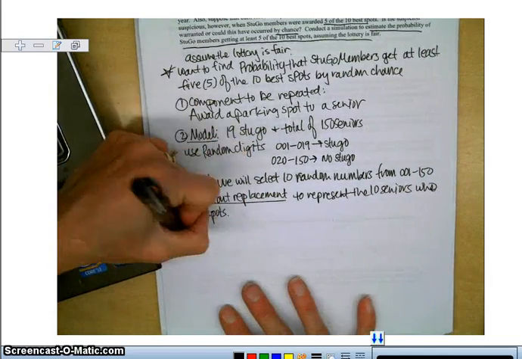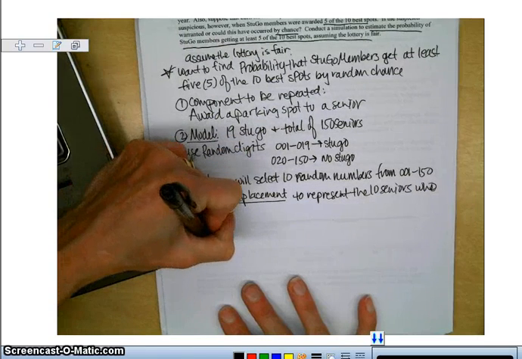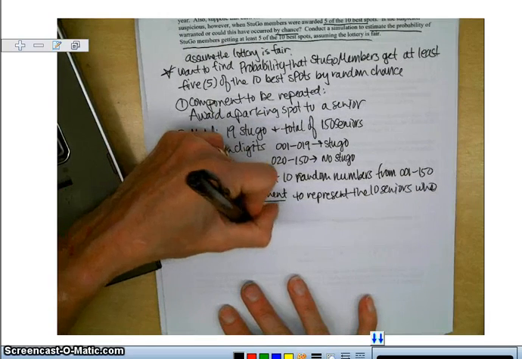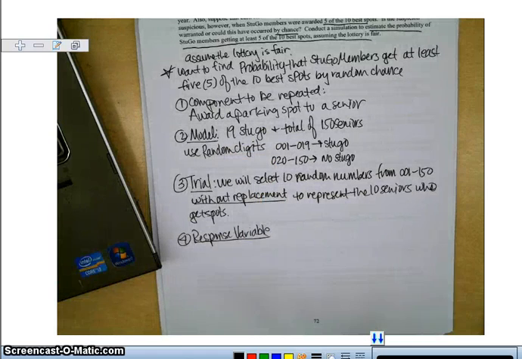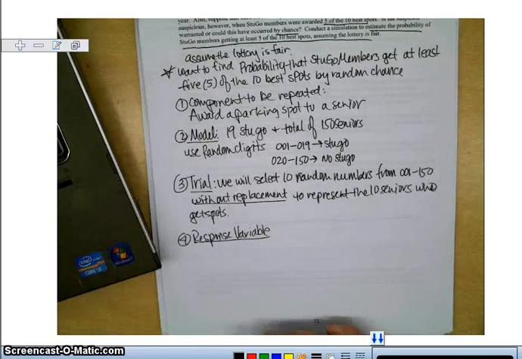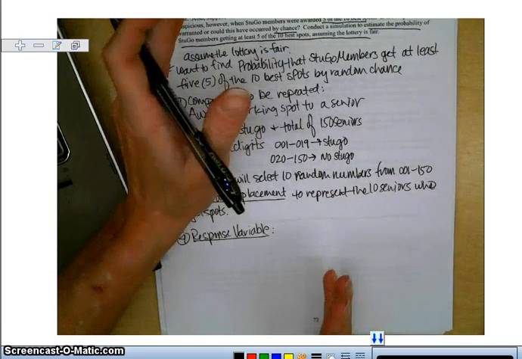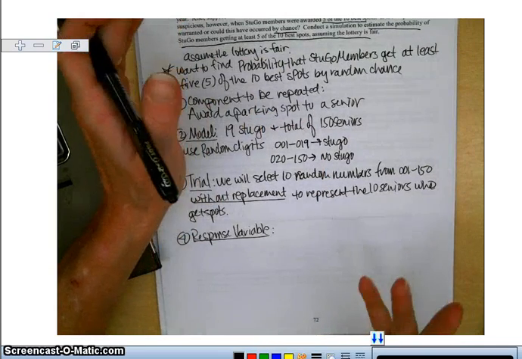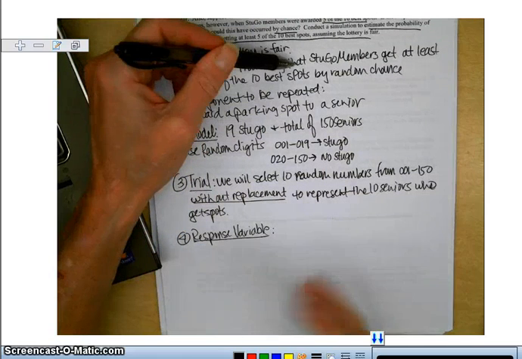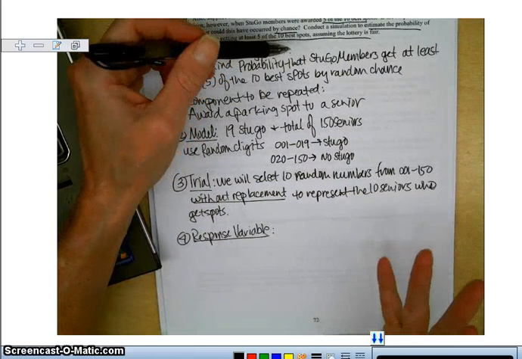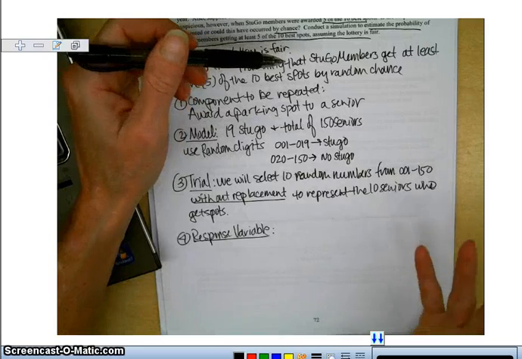All right, so for response variable, this is really the key. This is very important that we can name what information we are trying to get from doing all this. So the response variable, what we really care about, remember we were trying to see if this was fair. And the STUGO members, they got half of those good spots. And we want to see what's the probability that they get half or more of those spots by random chance.